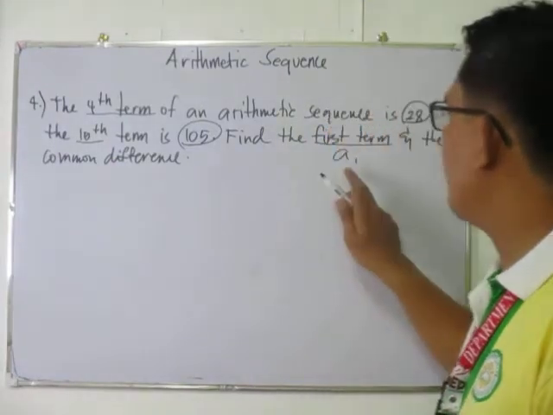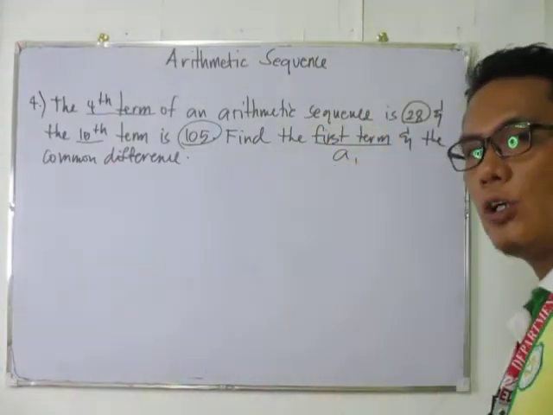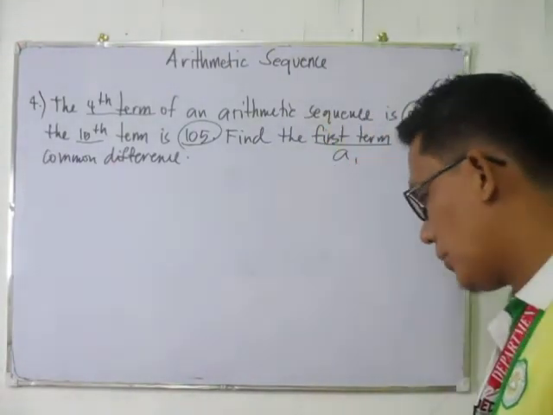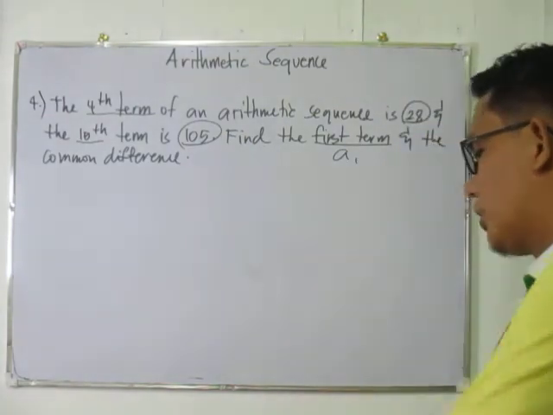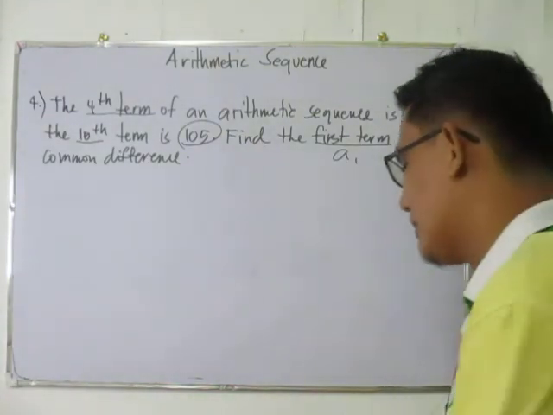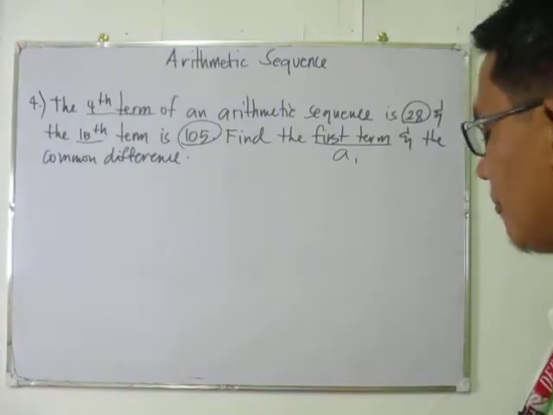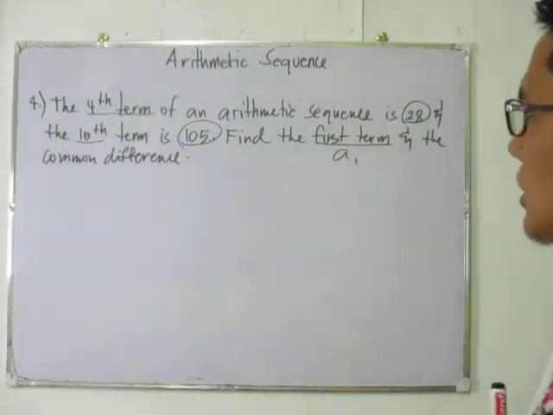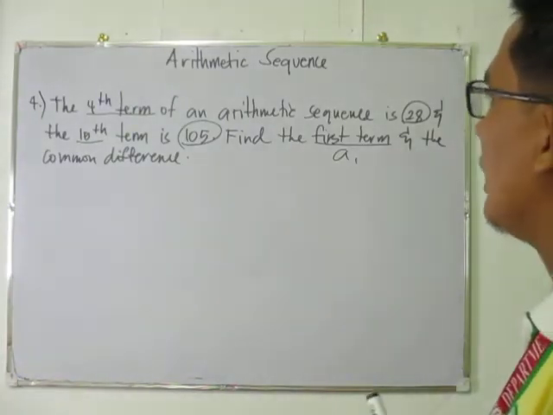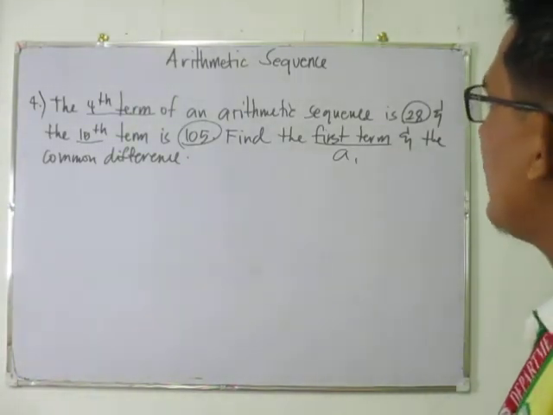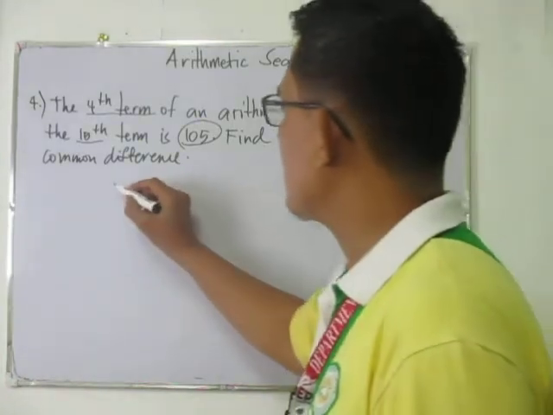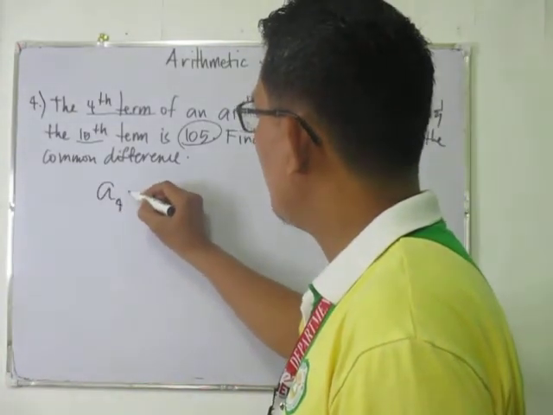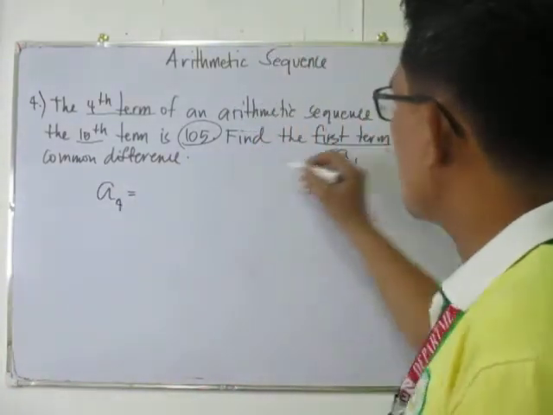Okay, so the problem asks for the first term and the common difference of our sequence. If we are given a problem like this, actually there is a shortcut with this one. But before the shortcut, we will solve this using the long cut. So what we're going to do here is identify first our a sub 4, or the fourth term, is 28.